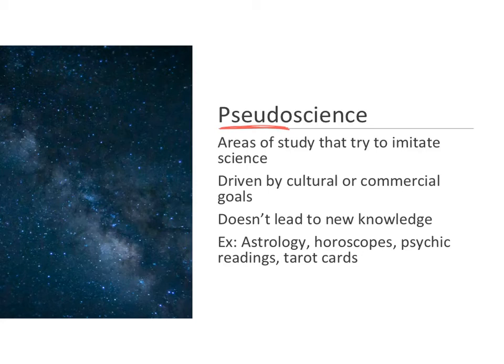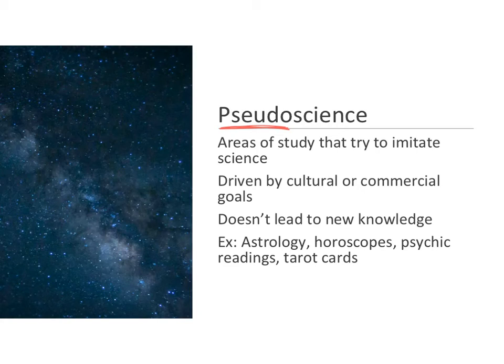So whenever we're studying science, science is always looking for new knowledge. Pseudoscience doesn't ever lead to new knowledge. It typically is just trying to get you to buy into a product or something. So some common examples of pseudoscience are astrology, horoscopes, psychic readings, tarot cards. There's a whole bunch. Now, I'm not trying to say that you can't enjoy reading your horoscope, okay?